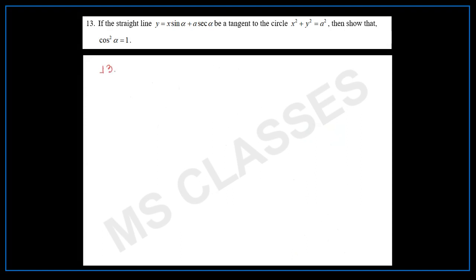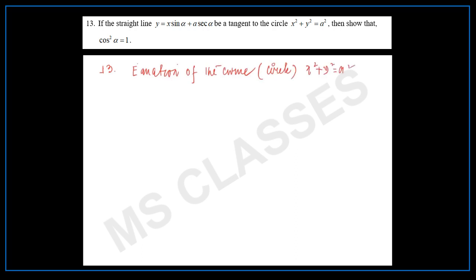The equation of the curve given is a circle, x square plus y square equal to a square.